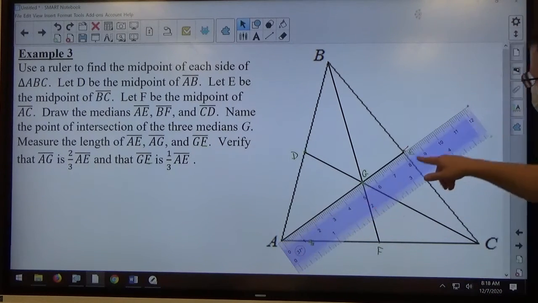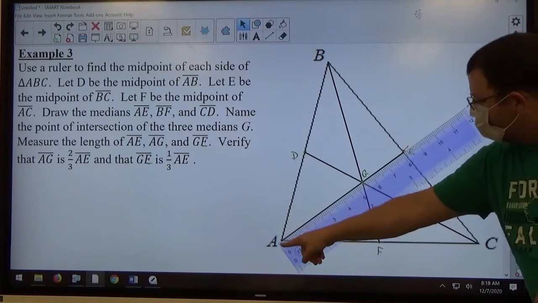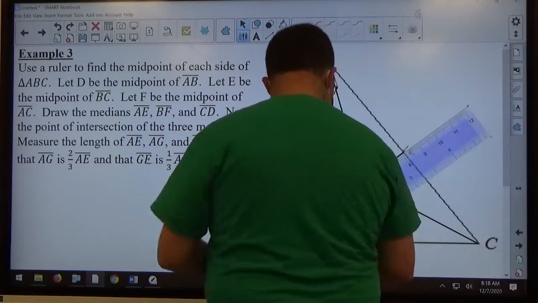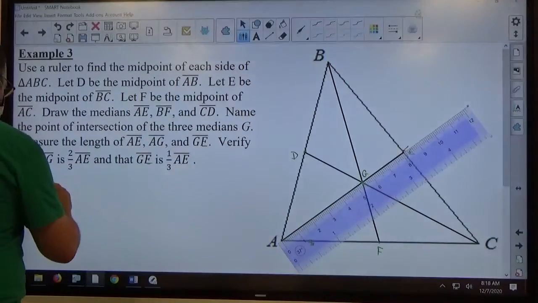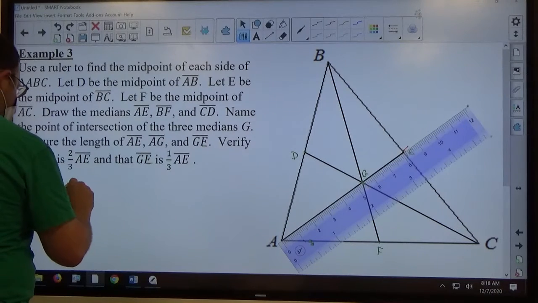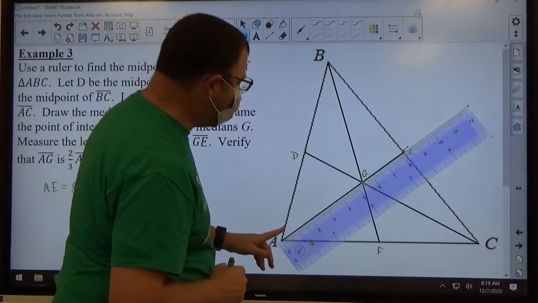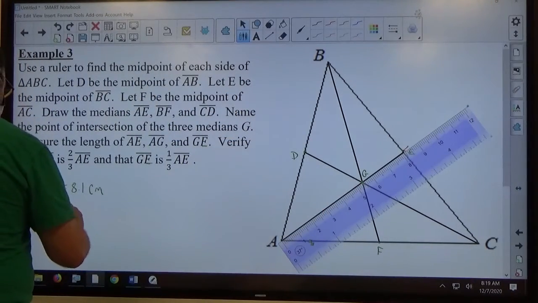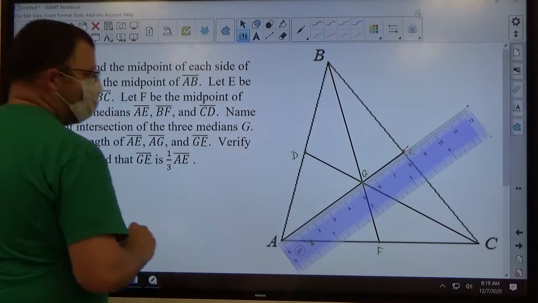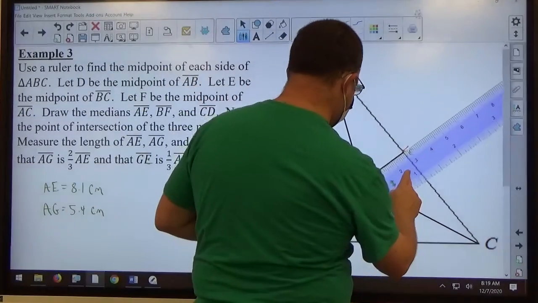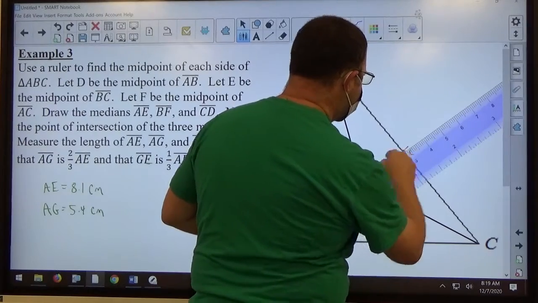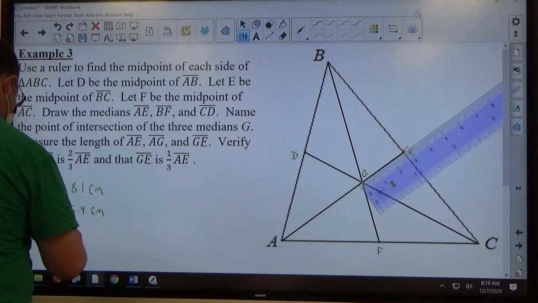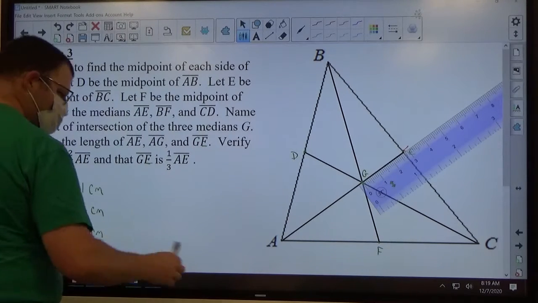I got mine set 8.1 centimeters all the way from A to E. And again, your ruler obviously might not have the same numbers mine do because of the scale, but if AE is 8.1 centimeters, and AG is 5.4 centimeters, and GE is 2.7 centimeters. That's the measurements I get.